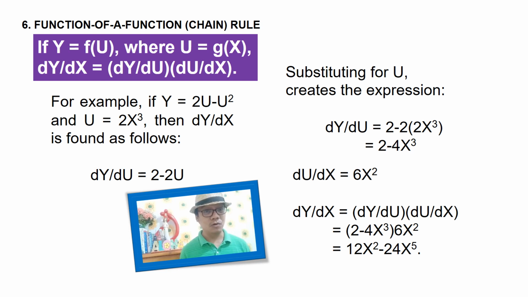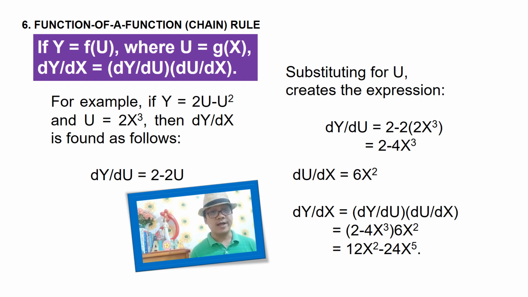Function of a function rule, or the chain rule. If y equals f of u, where u equals g of x, then dy over dx equals dy over du times du over dx. For example, if y equals 2u minus u squared and u equals 2x cubed, then dy over dx is found as follows. dy over du equals 2 minus 2u.